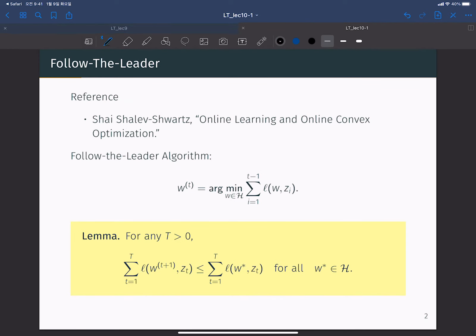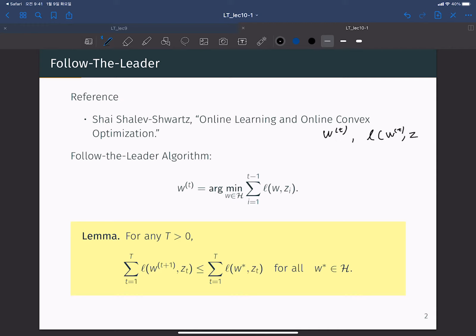For the online convex optimization problem, we can design a simple algorithm called follow the leader. Basically, this algorithm is very simple. At each time we play w_t and observe the loss.